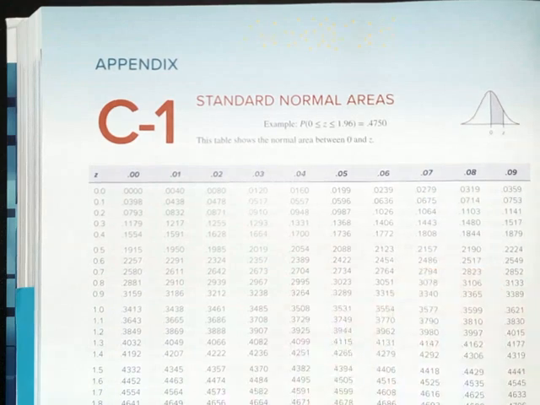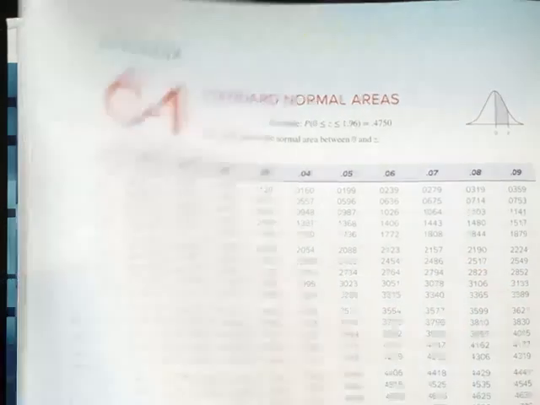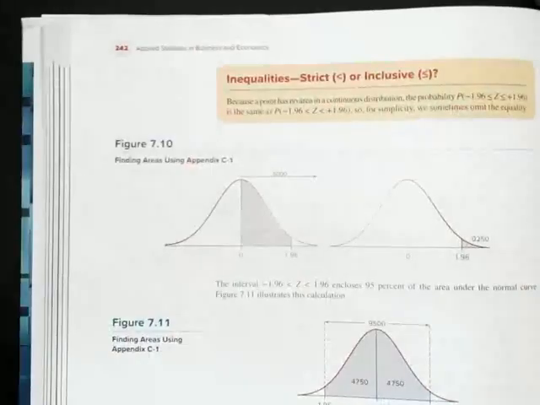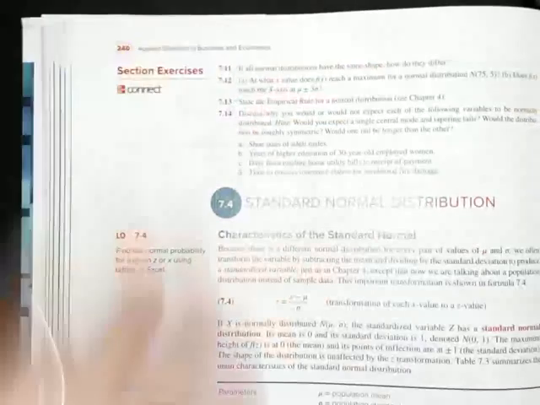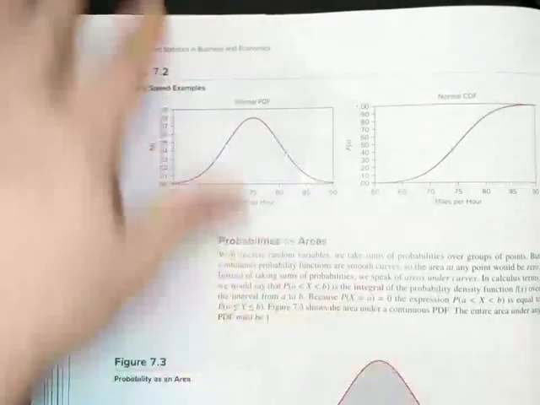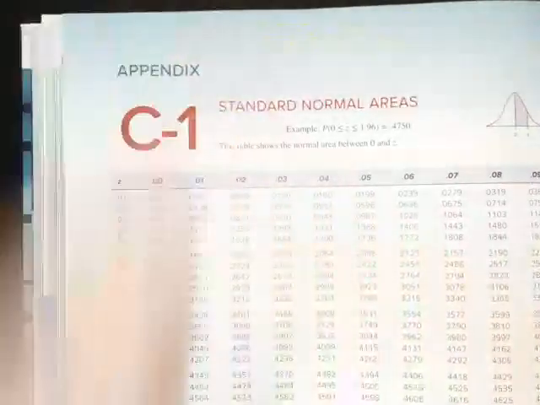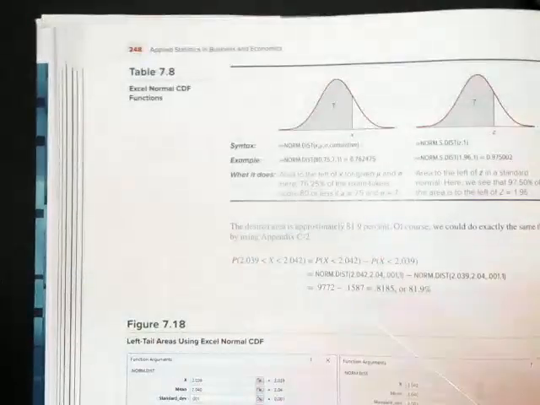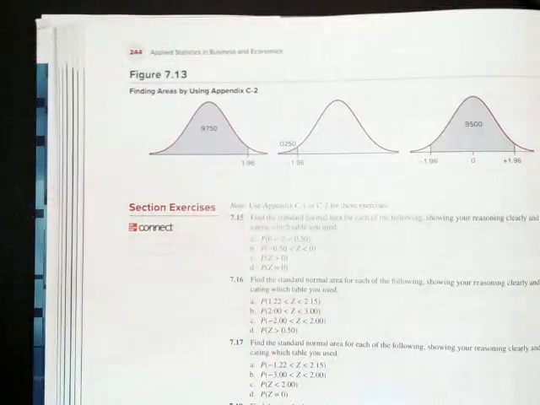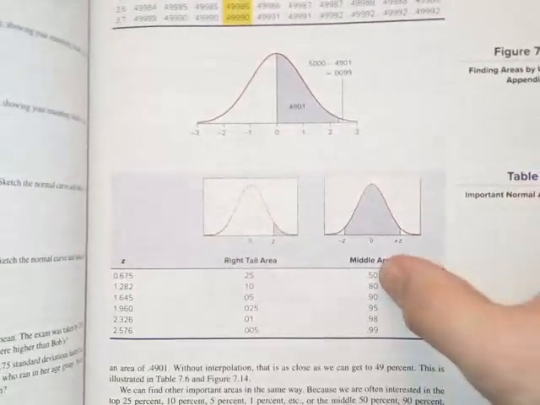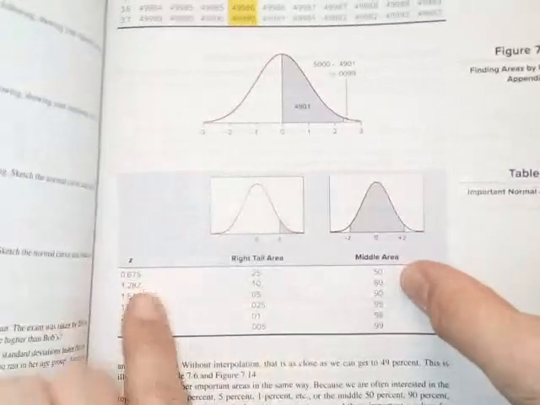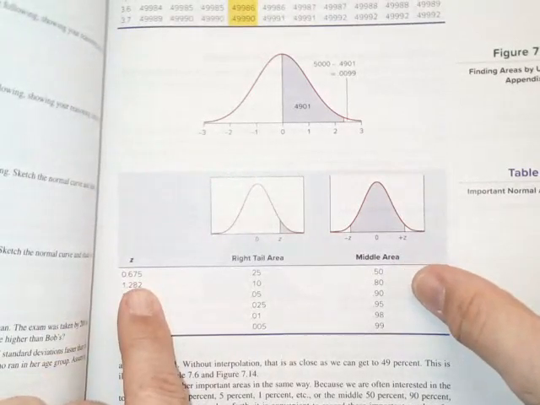As a matter of fact, in our section, I ate it. What page is that on? This is what happens when I don't look at the textbook to tell me what page stuff is on. Page 245. It has this list right here. And it says, oh, the middle 50% should have a Z of 0.675.